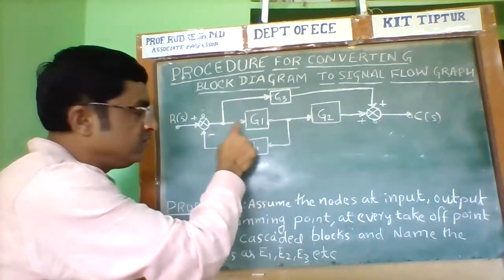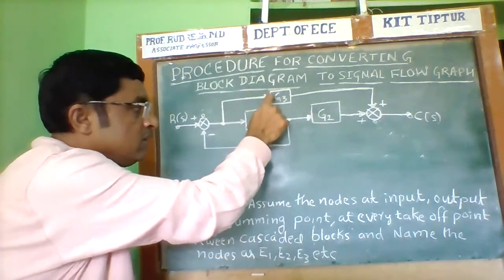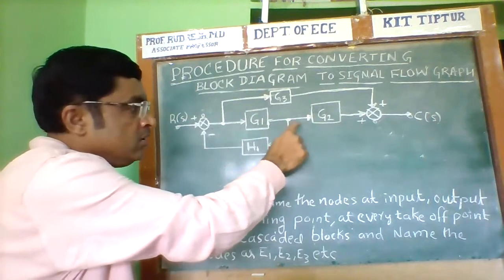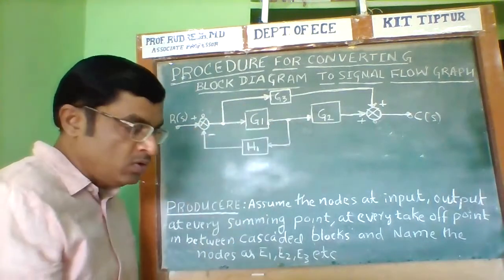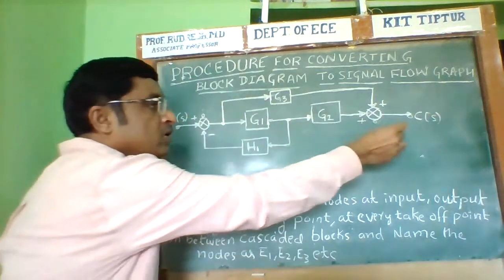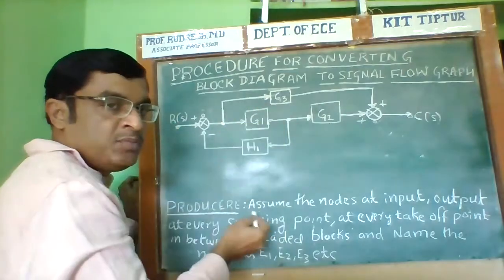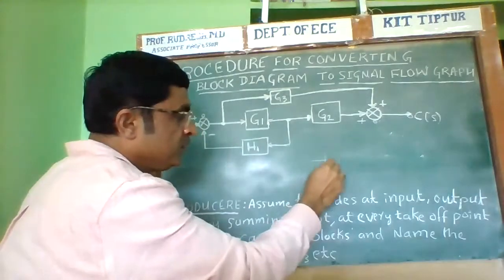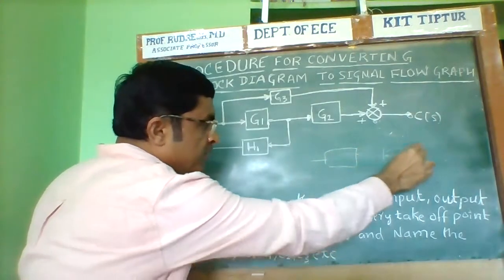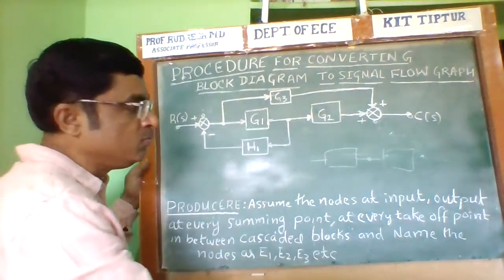Already we know the definition. Takeoff points are the points from which a signal concurrently goes to the other blocks, so this block and other block. We need to assume the nodes at every input, output, every summing point, every takeoff point, and if cascaded blocks are present, in between the cascaded blocks also we need to assume the nodes.